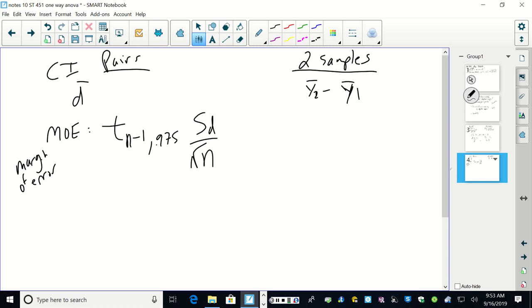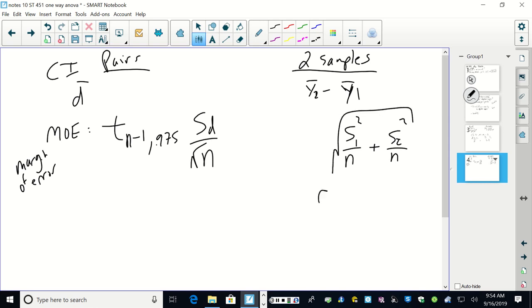If we have two values here, if we have like a pooled one, well, I'm just going to write it like this, and we'll talk about that. So we would do S1 squared over the first sample size, and then S2 squared over the second sample size, and take the square root of all that.